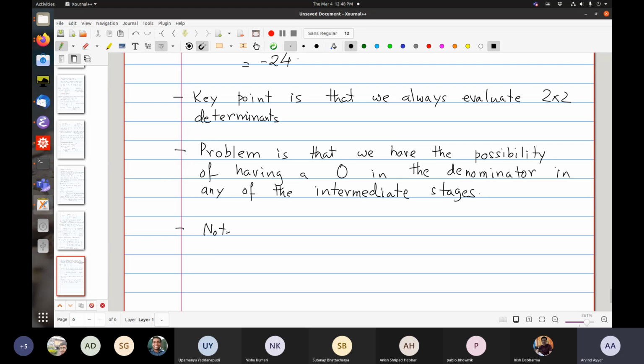So note that a matrix with integer entries has an integer determinant. So there are non-trivial cancellations.